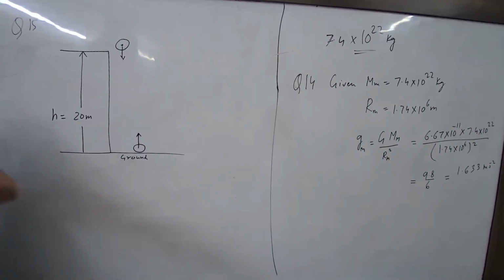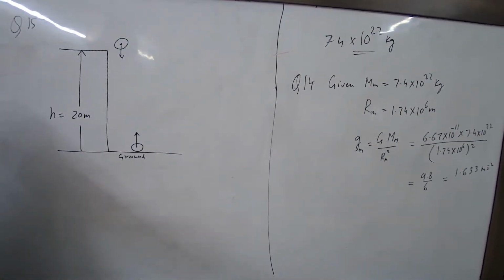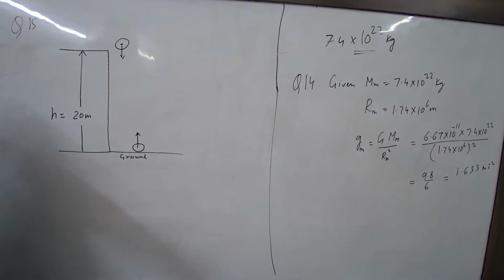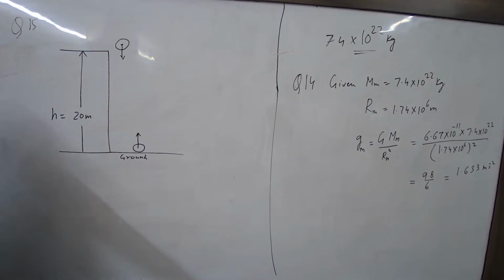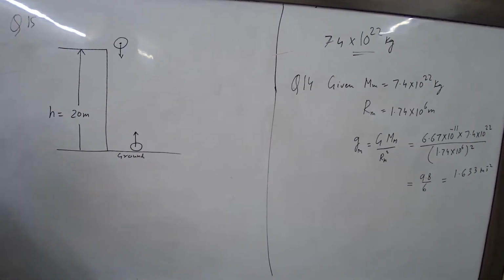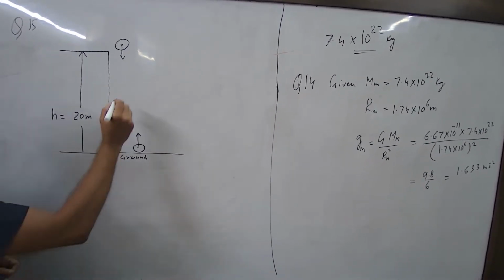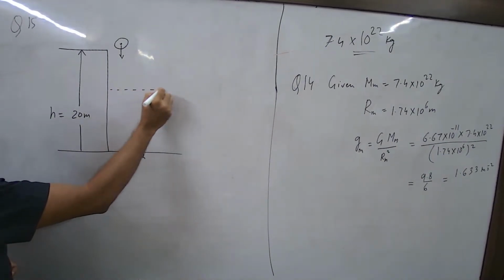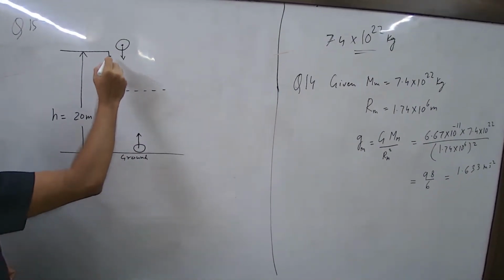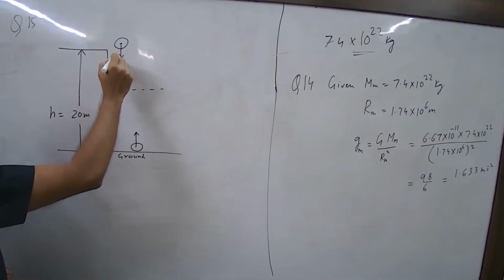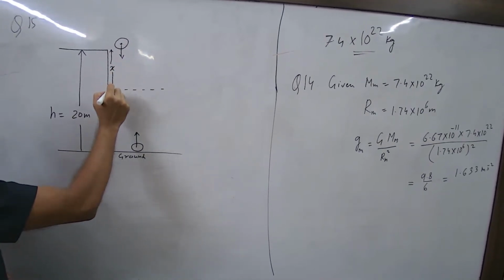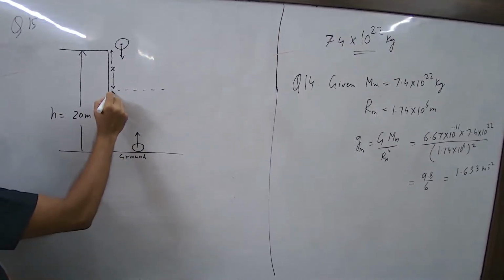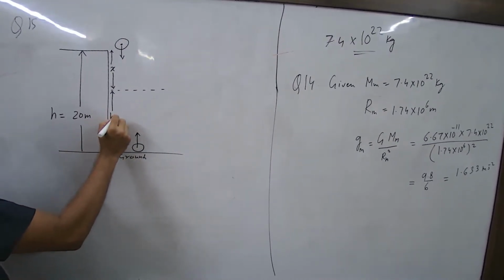So when a ball is dropped from here, and there is another ball which is thrown up, they will cross each other, right? Let us say they cross each other at this point, and let's say from here to here, the distance is x. So this distance will be h minus x.